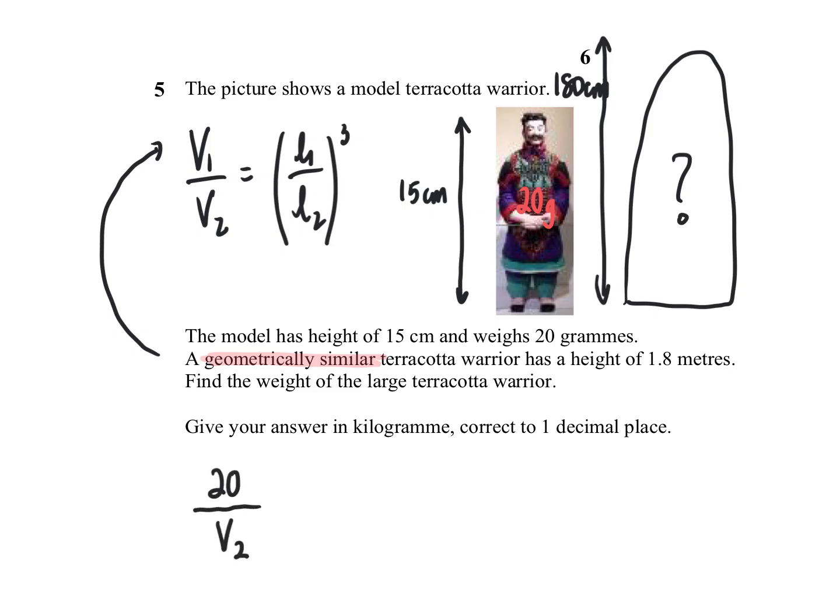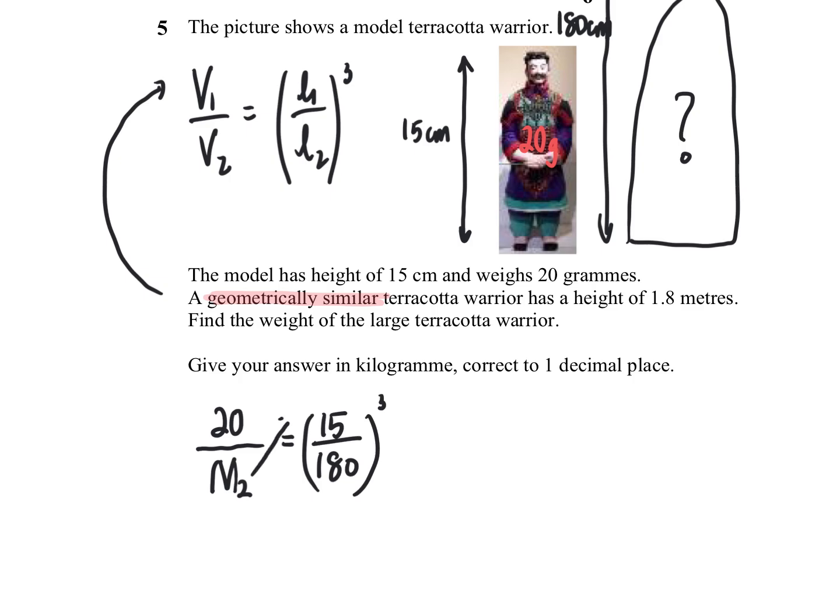If you don't like V, you can change to M, for the mass. And then the lengths are 15 and 180, and you cube it. It doesn't matter, you can swap also. So you can cross multiply first.